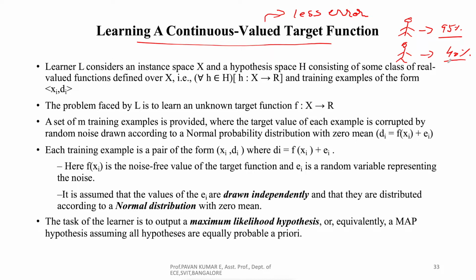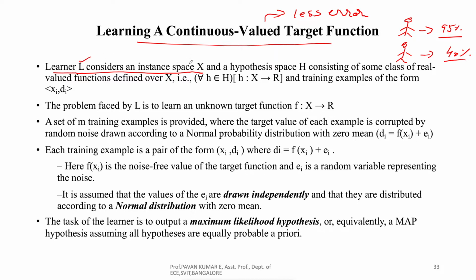Okay, keeping that statement, what we are learning here is that the learner L considers an instance space X. So what does L represent here?